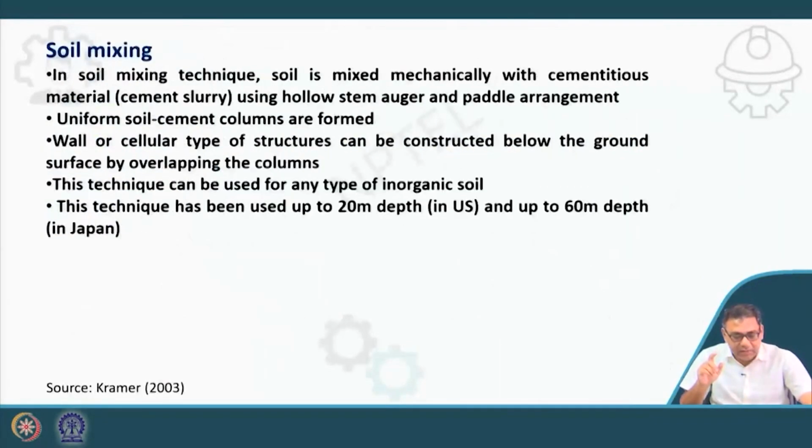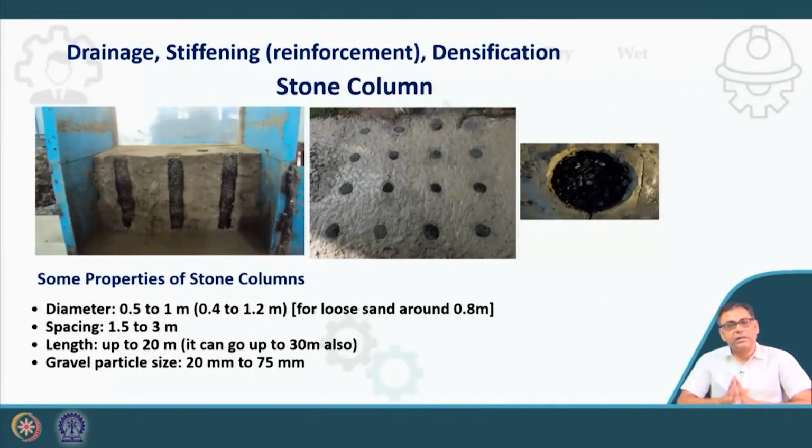Now, here the stone column's major function is drainage, but in addition to that, it can act as a stiffening material or for reinforcement and densification purposes also. So, one by one I will discuss this part in detail, because here we have some design charts available to design this system to mitigate the liquefaction of the ground. So, that is why I will discuss this part slightly in detail.